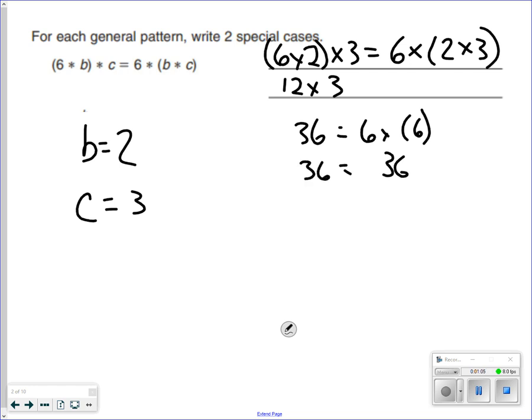Let's try another pattern out. Let's have 1 equal to b, and let's have 5 equals c. Now let's see if this works.